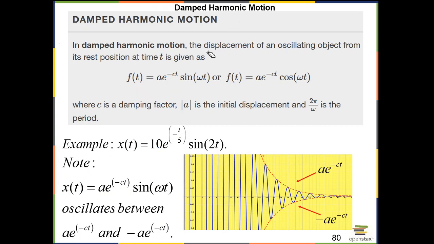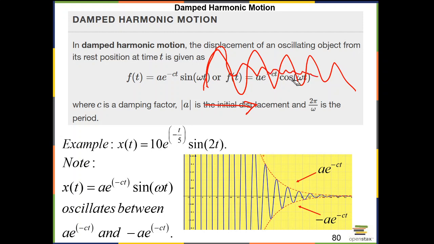Damped harmonic motion. So what happens is that you see the amplitude that usually is just a constant here, instead, a is a function. And that function, as you remember, is an exponential function, and it looks like a decreasing function like that. So the amplitude, think of sine going up and down like that, but as time passes, the amplitude gets smaller and smaller. See? Like that.